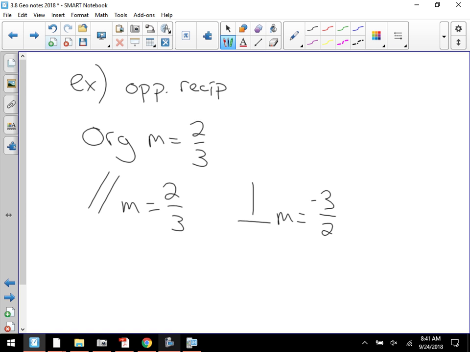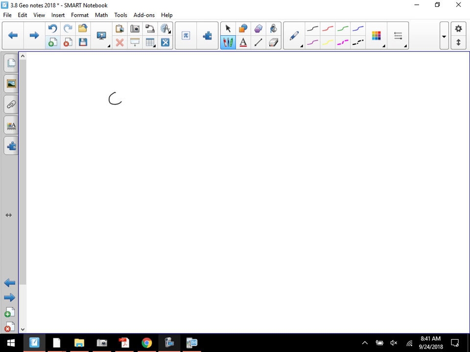One of the things that happens a lot of times, people forget, if your original slope is -2, what's parallel to -2? -2. And then perpendicular to -2, well, what's the opposite? Slow down.